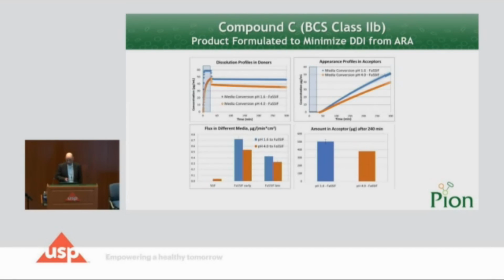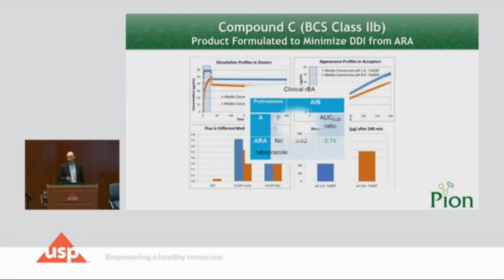And in terms of the quantitative results, we saw a 25% reduction in the total amount in vitro, and about a 25% reduction in AUC in vivo, which is also very encouraging to us.